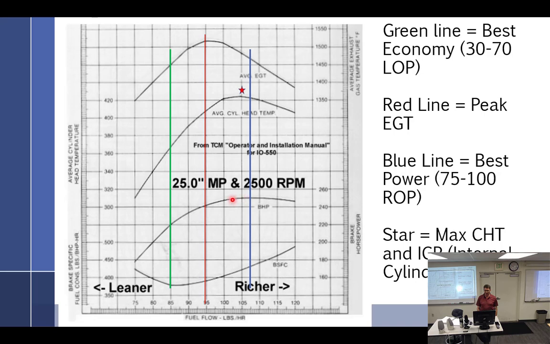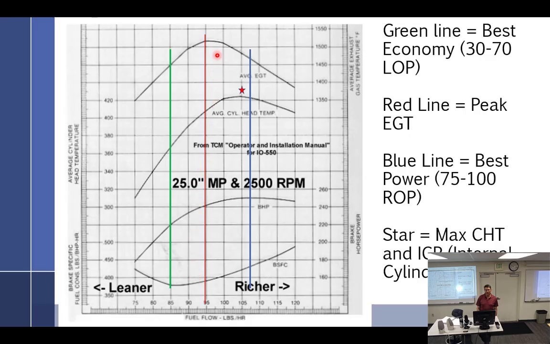I've lost about 10 horsepower by running at peak. How's my brake specific fuel consumption? That's pretty low. It's pounds per brake horsepower per hour, so the lower it is, the better. At peak, we're looking pretty good.